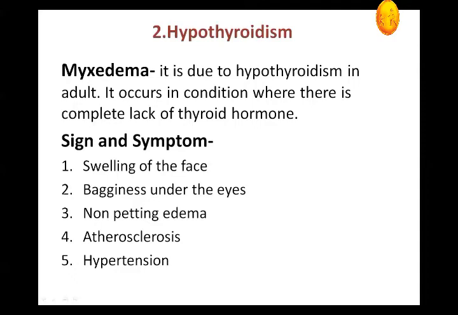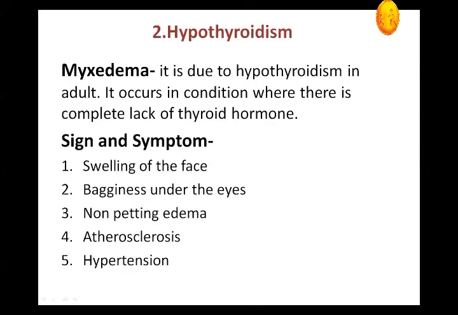It occurs in conditions where there is complete lack of thyroid hormone. The condition may be that the thyroid gland is absent, there is congenital absence of the receptor, or some autoimmune disease, so there is no synthesis of thyroid hormone. So there is hypothyroidism, or maybe the dose of the anti-thyroid drug is increased.